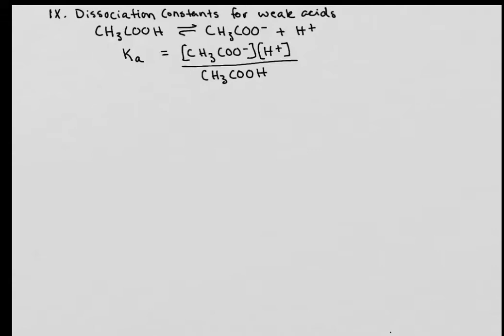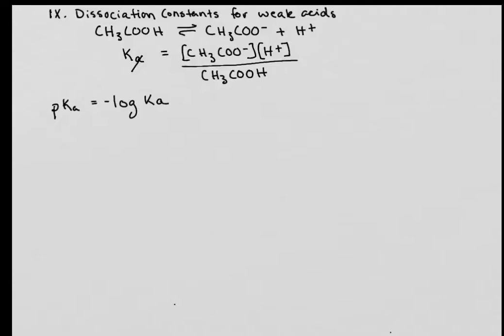CH3COOH. Now, your book simplifies this to just K, they get rid of the A. So I will often use Ka, but they use K. So then if we want to look at a simpler value, pKa is employed. Just in the same way that we use pH, for simplicity, we can use pKa as being equal to negative the log of the Ka.